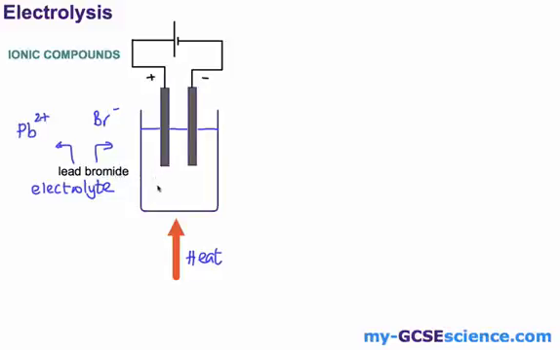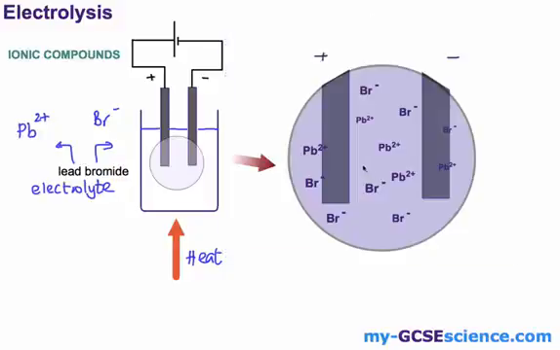Now what we can do is look at what's going on at the electrodes a little bit more closely. Here we've got the electrodes. That's an important keyword. The positive one is called the anode, but it's also called the positive electrode, and the negative one is called the negative electrode, or also the cathode.